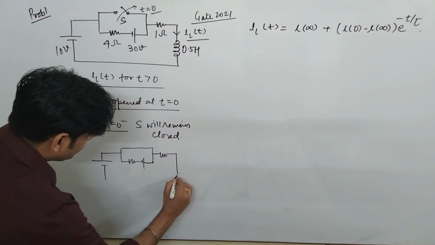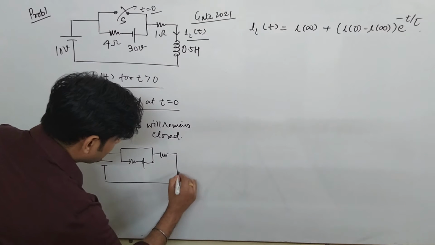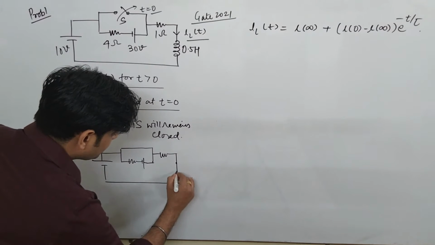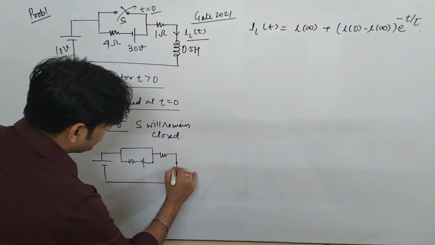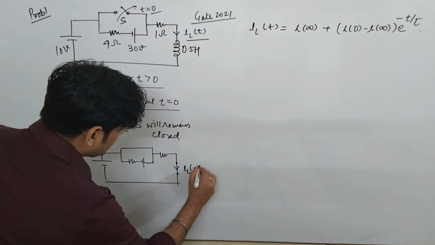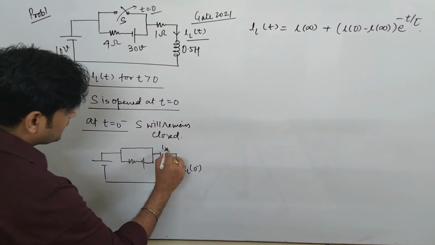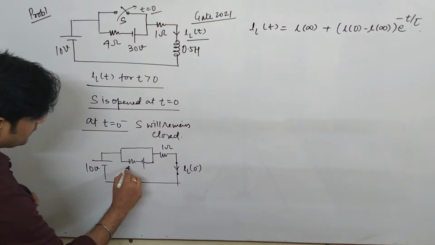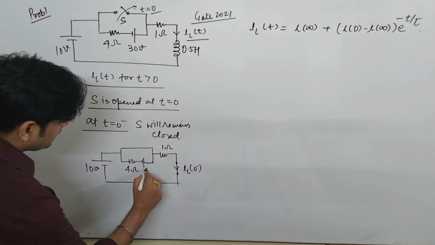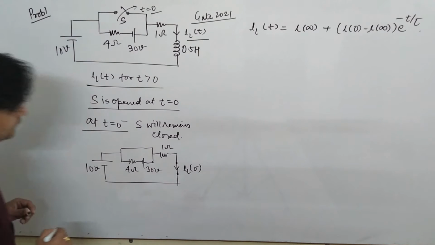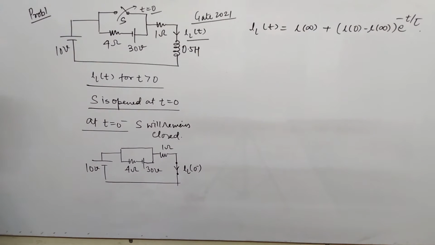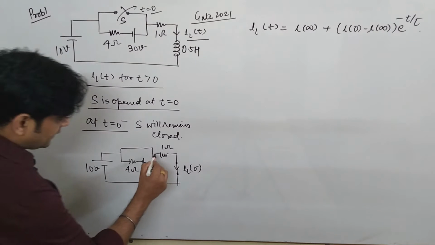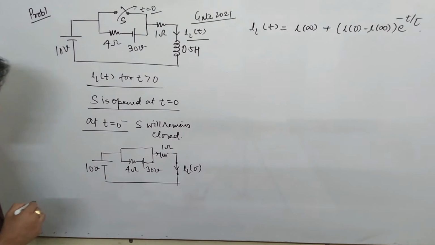This is 1 ohm. At t equal to 0 negative, the inductor is short circuited and the current here is IL0 negative. This is your 1 ohm, this is 10 volt, this is 4 ohm, and this is 30 volt. So you can say that this IL0 current is flowing here also.